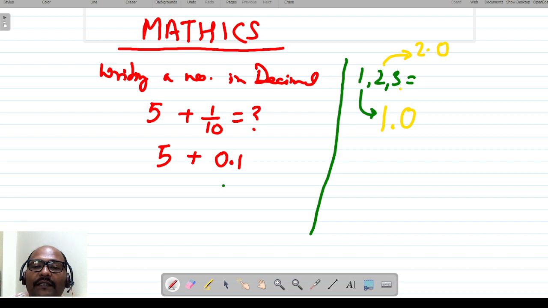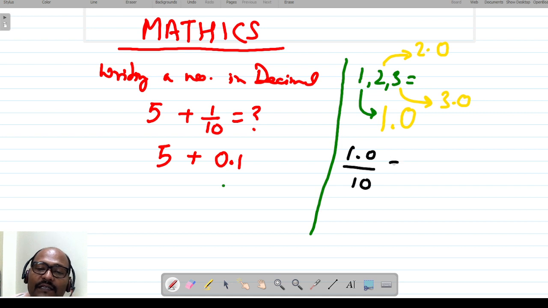How can we write 3? 3.0. So there is already a decimal with each and every number in front of us, right? So you can write 1 by 10. 1 by 10 is 1.0 divided by 10, okay? I will show you in the rough.